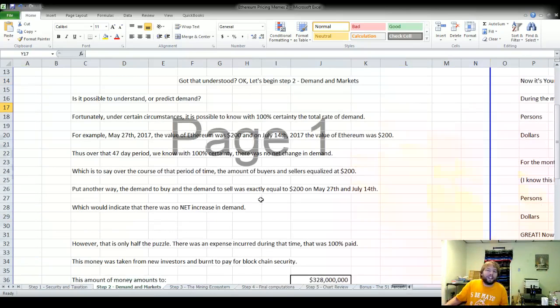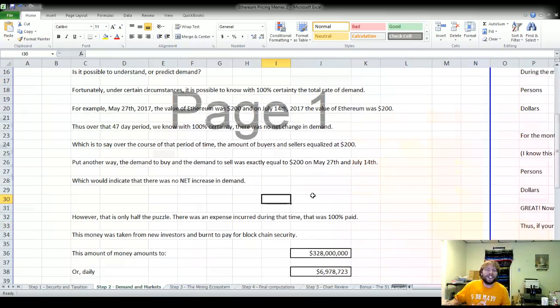Step 2, demands and markets. Is it possible to understand or predict demand? Fortunately, under certain circumstances, it is possible to know with 100% certainty the total rate of demand. For example, on May 27th, 2017, the value of Ethereum reached $200, and on July 14th, 2017, the value of Ethereum reached $200.